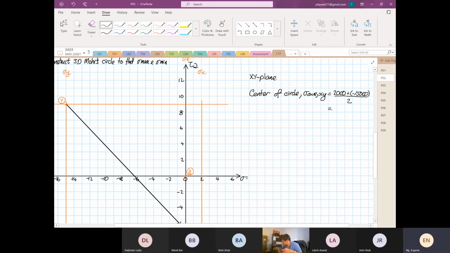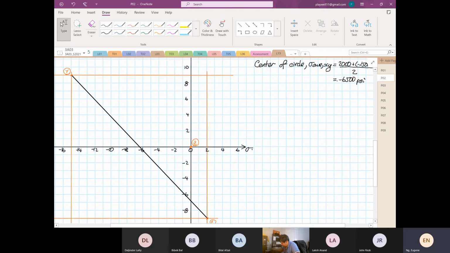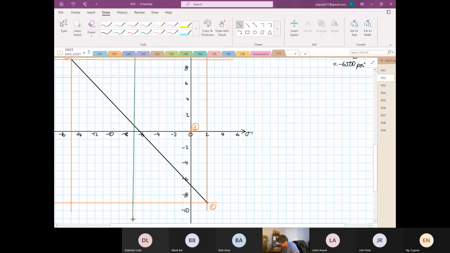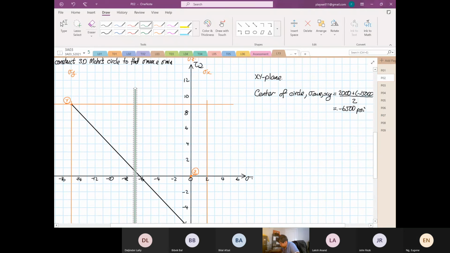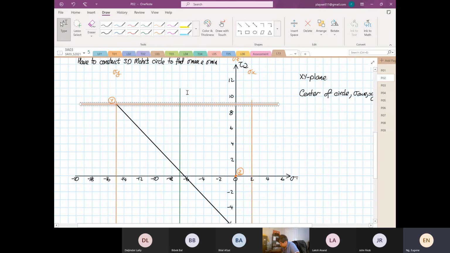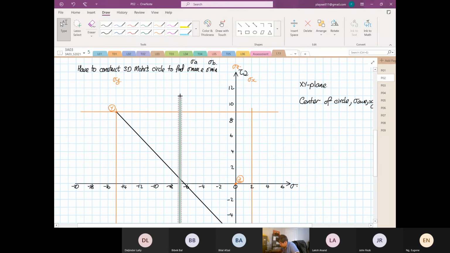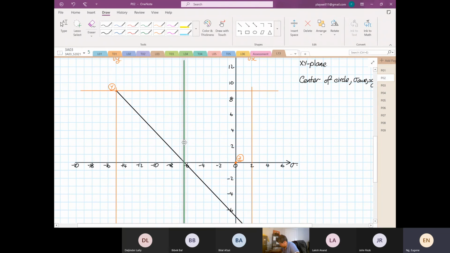So minus 13,000 divided by 2 is minus 6,500 psi, which we have down here. I'm going to sketch in green the center of the circle. It's a bit off, but it's okay.